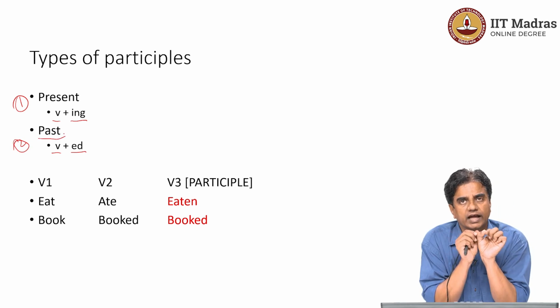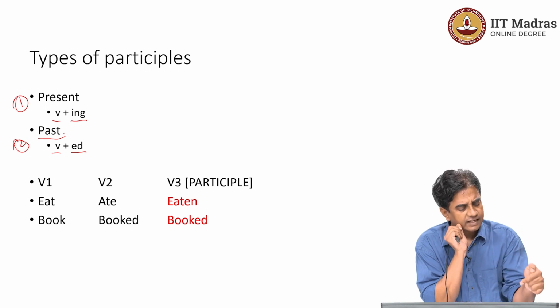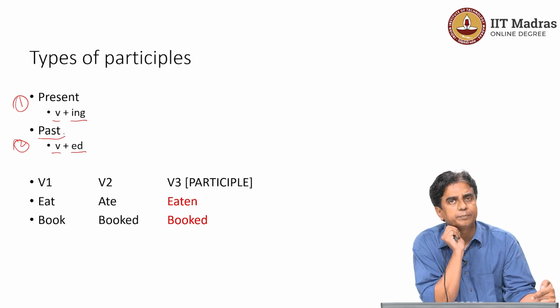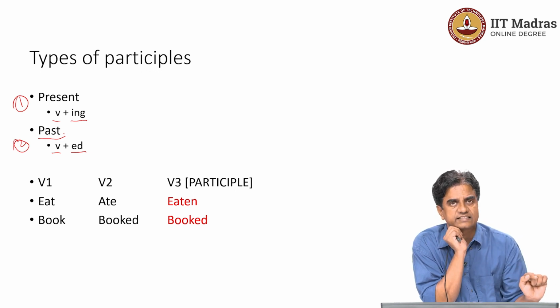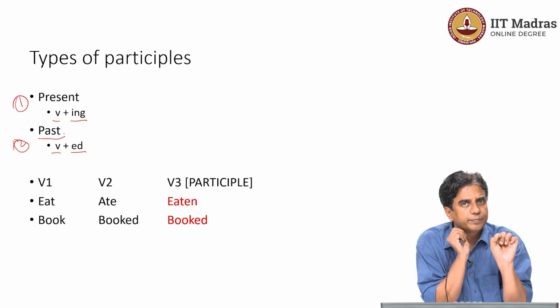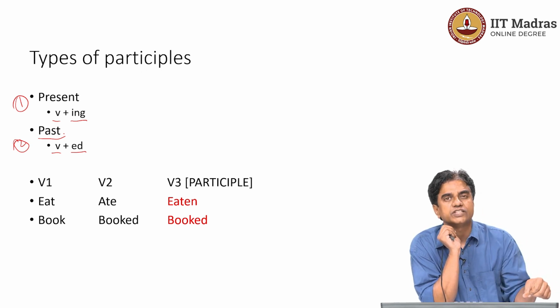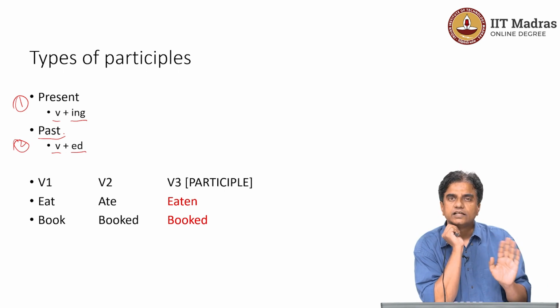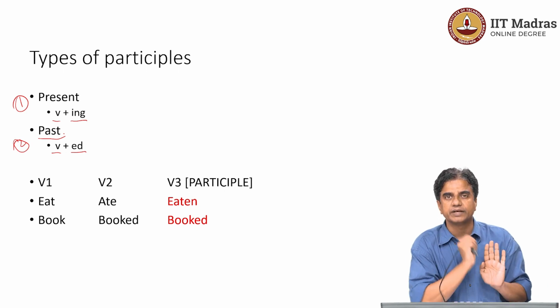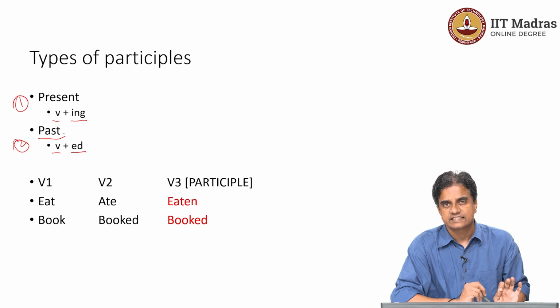I want to add a footnote here. It has very little to do with either present or past as tense. It's just for the purpose of identifying the forms that people use these terms. Otherwise, they don't have anything to do with present or past as tense.